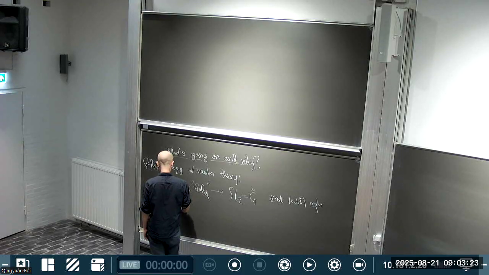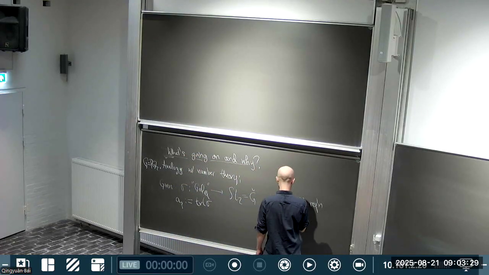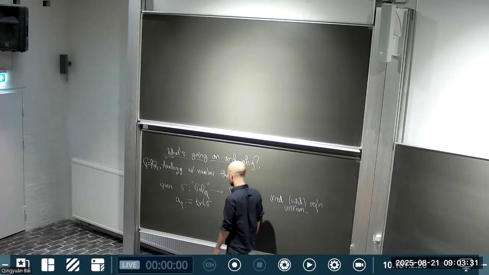Langlands tells you that you're supposed to define a_p to be the trace of sigma. Let me assume that this is everywhere unramified just to simplify.